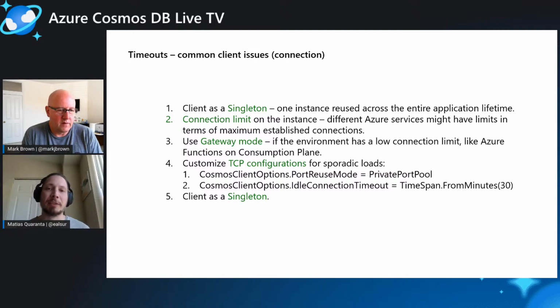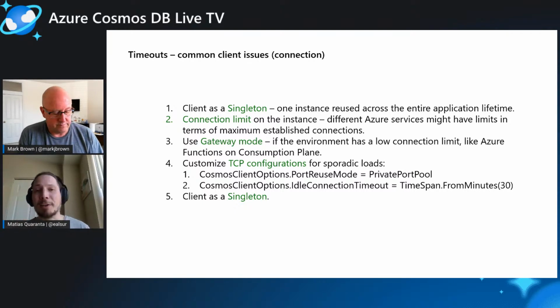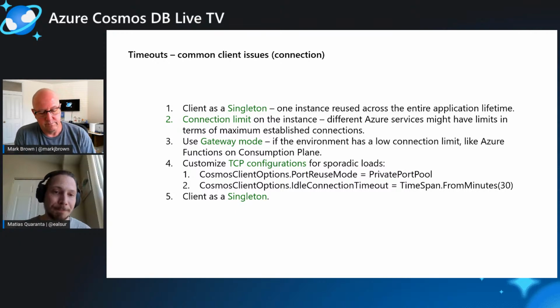But it really depends on the scenario. The first thing you need to check is, do you have a singleton client? Yes. Are you in an environment that has limits? Which are those limits? Each environment might have metrics. Maybe you can access those metrics and see how many connections you are opening up.